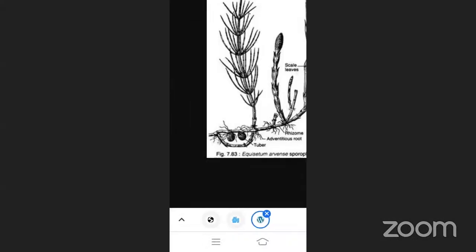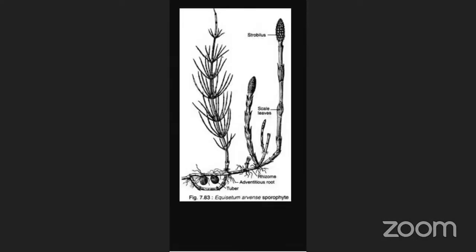So here this Equisetum belongs to the Sphenopsida. The class is Calamopsida, order is Equisetales, family is Equisetaceae, and the genus is Equisetum.